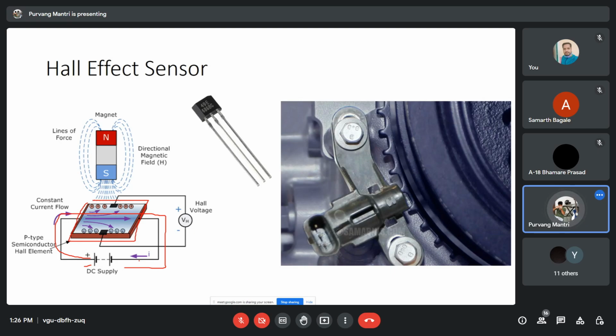It can also be used as a knock sensor, a camshaft position sensor, a crankshaft position sensor, and also as the steering sensor. Most of the time for steering and throttle we use a potentiometer, but wherever there are rotating parts and a need to measure the speed of anything, we use a Hall effect sensor.